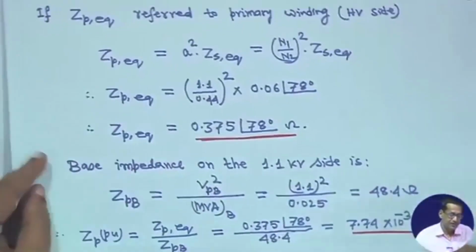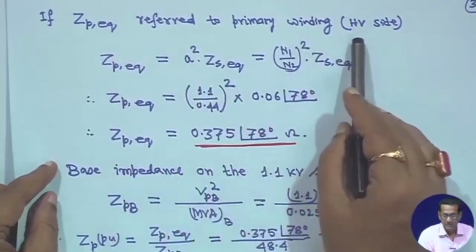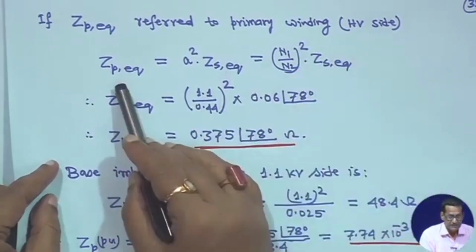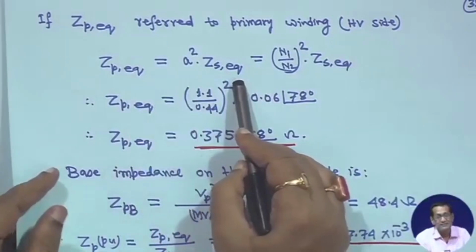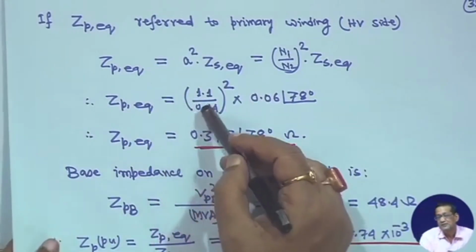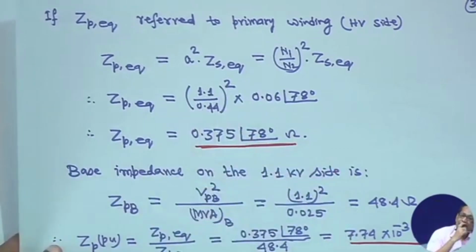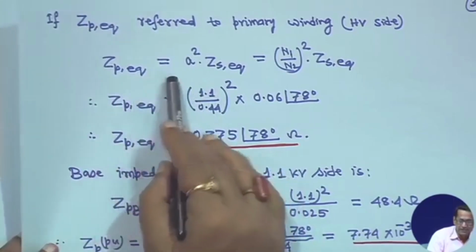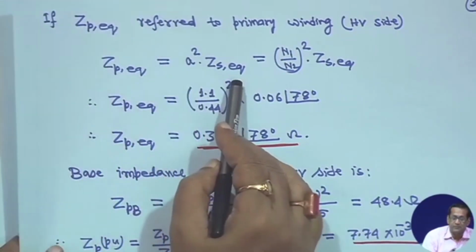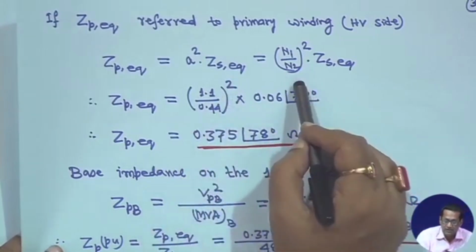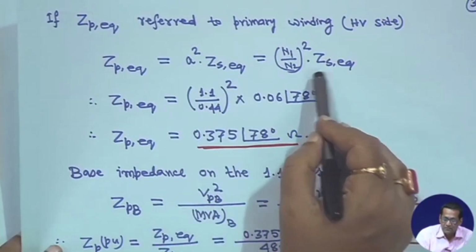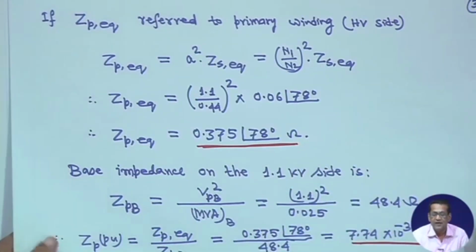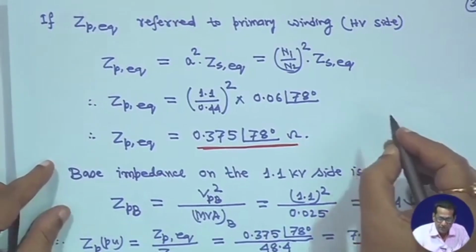Similarly, ZP EQ referred to the primary side, that is the high voltage winding, 1.1 kV, that is 1100 volt, will be A square ZS. We have seen just now in the per unit equivalent circuit derivation that ZP is equal to A square ZS. So, here I am writing ZP EQ is equal to A square into ZS EQ, that is N1 upon N2 whole square into ZS EQ, where 1 is to A is equal to N2 upon N1.